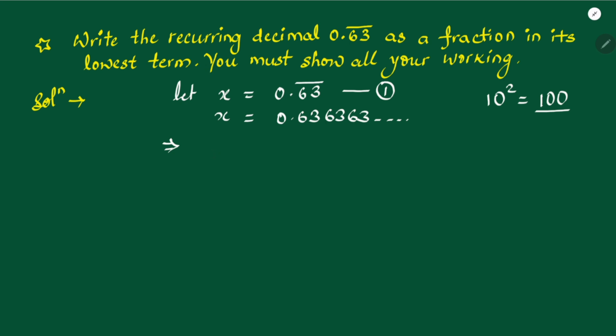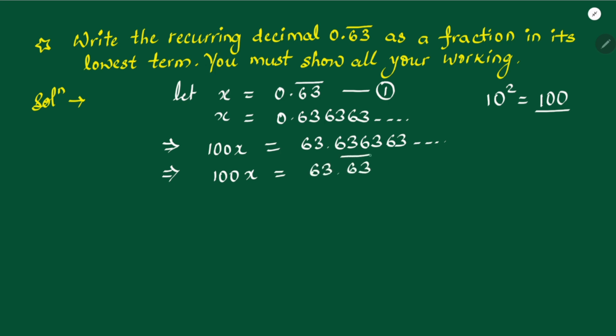Now let's multiply 100 to the equation. This will be 100x equals 63.636363 and so on, right? Now I can write this as 100x is equal to 63.63 recurring.